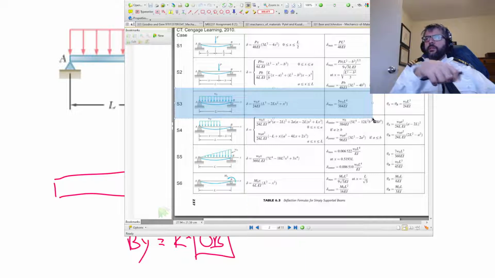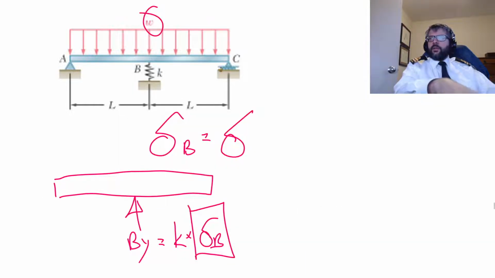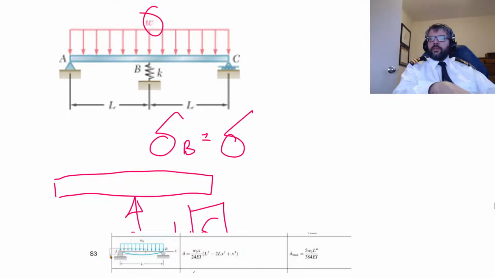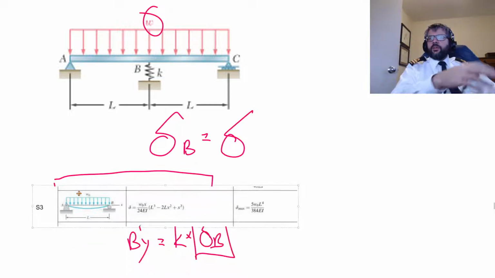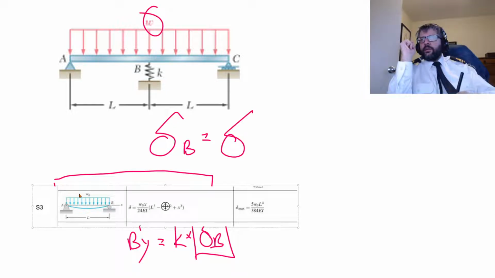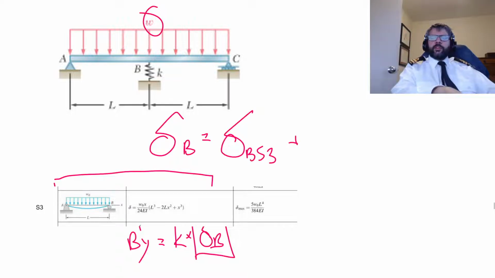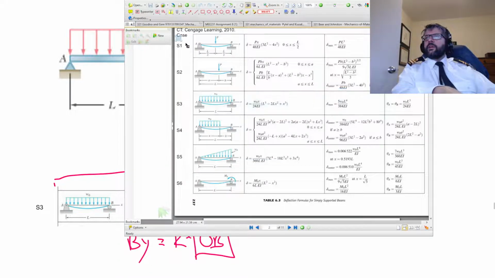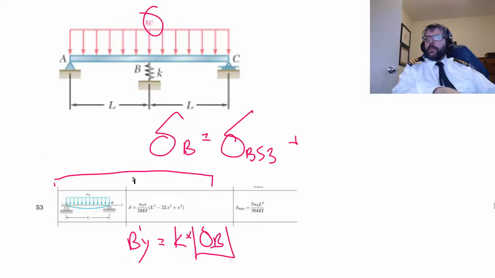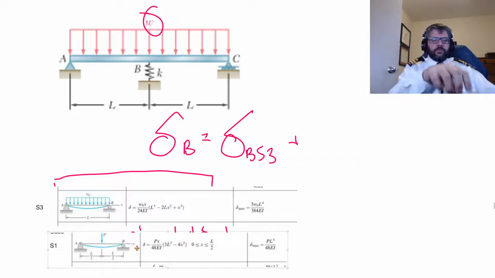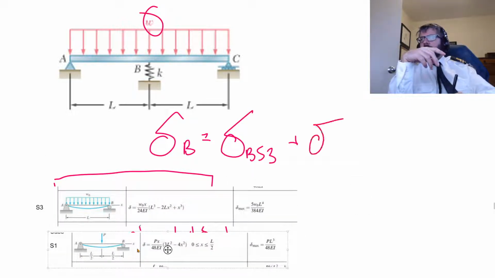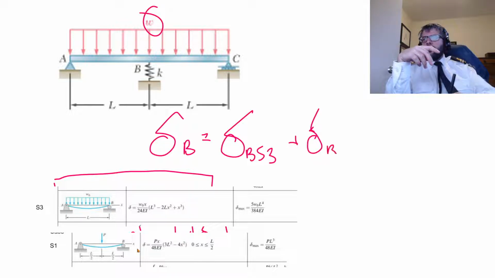so S3, displacement due to that S3, BS3, plus the displacement due to the point load pushing up, BS1.